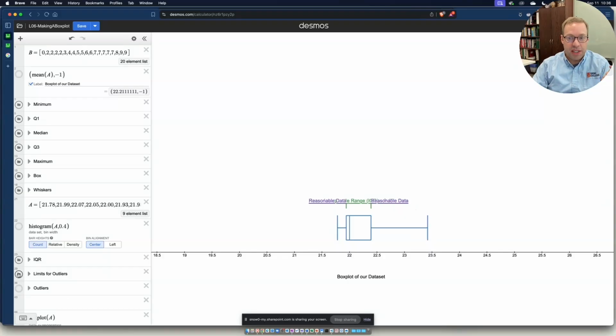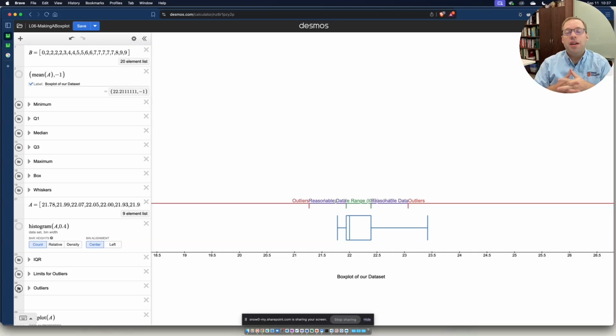Let me go ahead and put those limits up for you. Okay, that's as far as we can go with reasonable data. That's 1.5 interquartile ranges above Q3, 1.5 interquartile ranges below Q1. But notice that there is a data point that's out here outside of my reasonable data. It's in the outlier range.